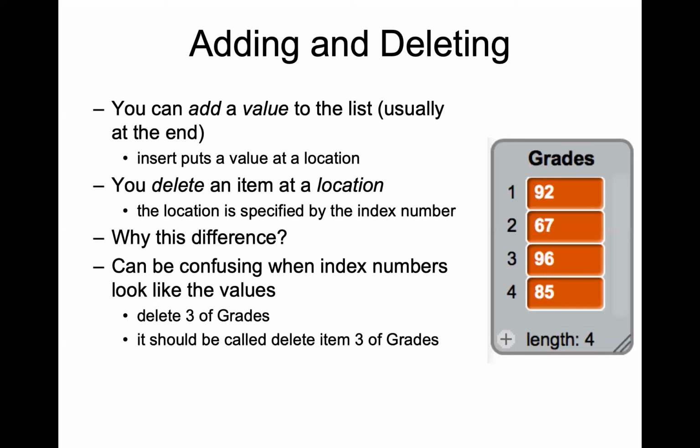This will cause your programs to mess up if you don't get this completely straight in your own mind and in your program. I'm warning you to try to keep this straight: there is a difference between the position of the thing in the list and the value of the thing in the list. You need to be clear about this in your mind and in your program, or else it's going to be hard to write things that actually work.